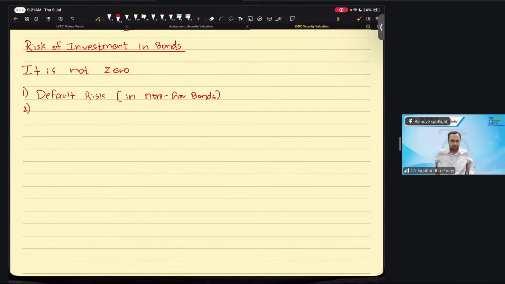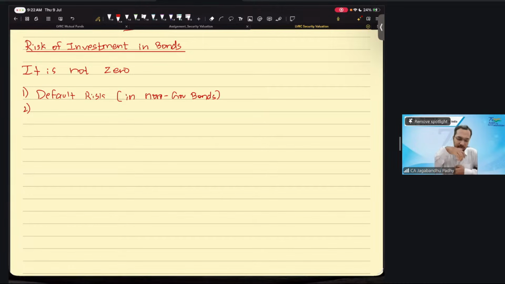So the risk of investment in bonds is not zero. There is a prominent risk called default risk, and that's going to happen in non-government bonds.